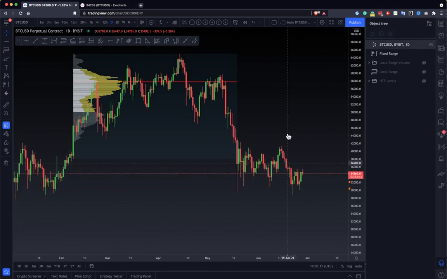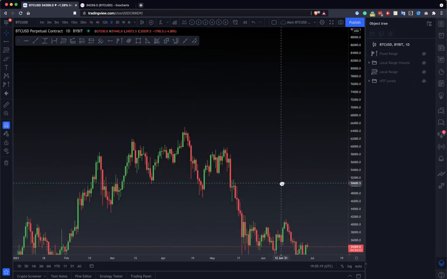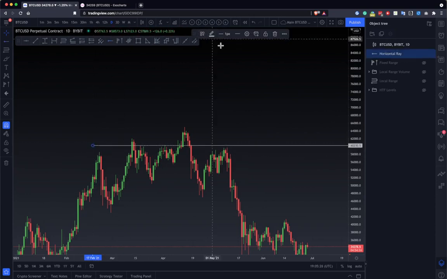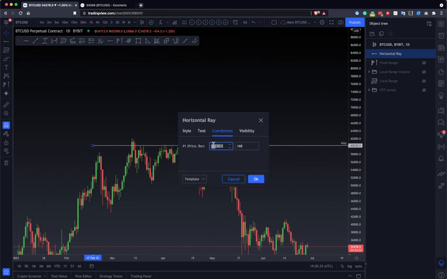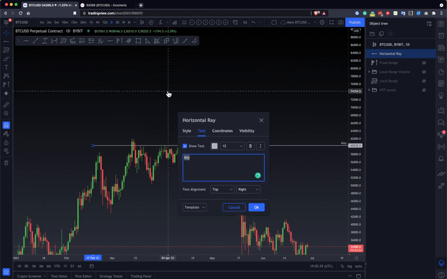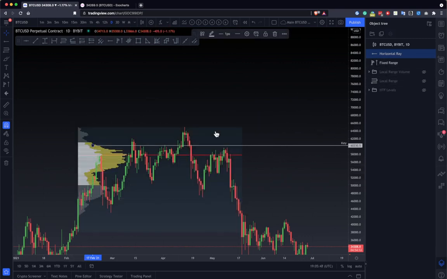Okay, so let's get the EXO data. It doesn't have enough data for me to go back to February, so I have to stick to TradingView.